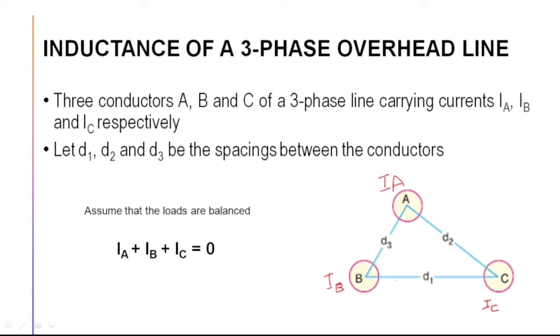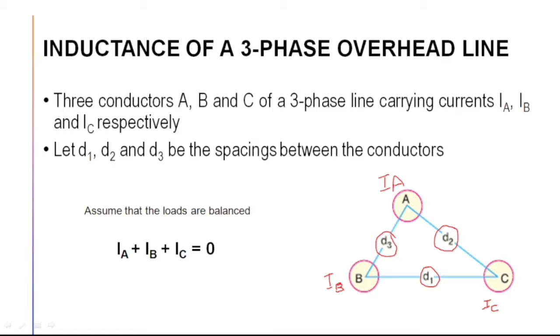These three conductors are spaced with a distance of D1 between B and C, and a distance of D2 between A and C. The spacing between A and B is D3.